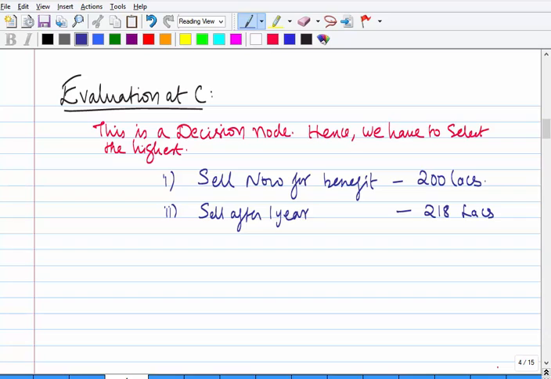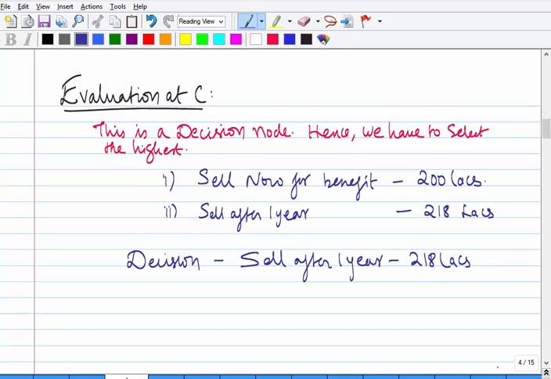So evaluation at C, this is a decision node. We have to select the highest. So what is the decision? Select the highest. It means sell after 1 year, so that you get a net benefit of 218 lakhs. Let's go back to the diagram and indicate this.